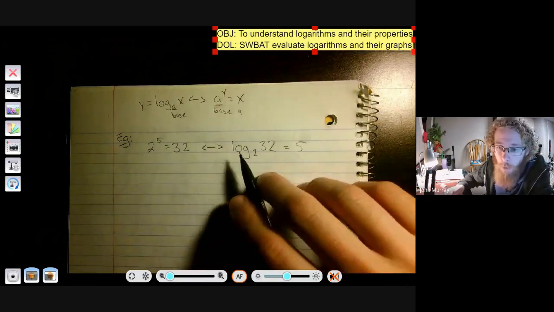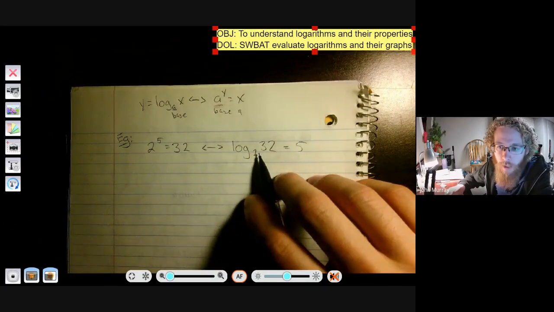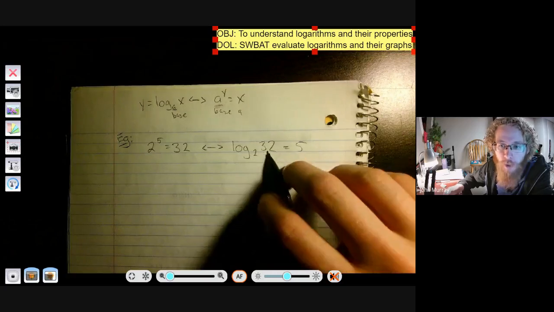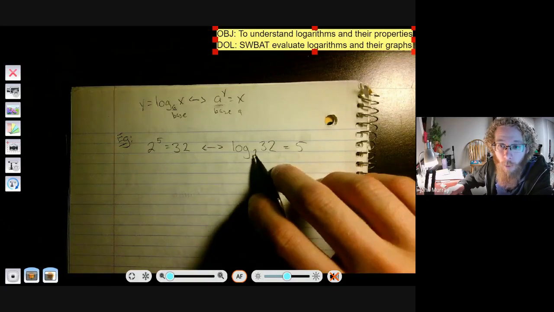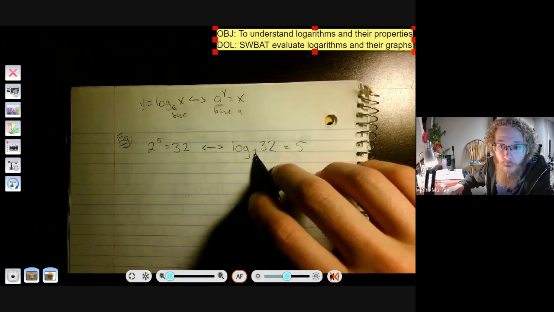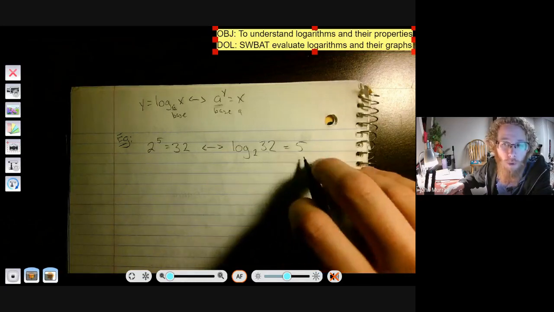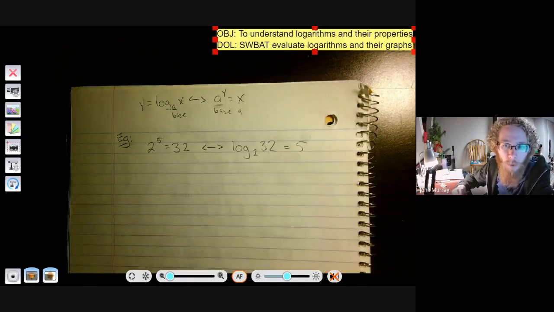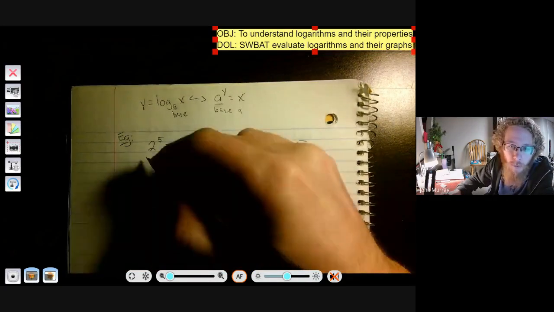Another way to think about the logarithm is saying, what power of 2 gets me 32? What do I have to raise 2 to, or 2 to what exponent gets me 32? Well, 2 to the 5th gets you 32. We use that method to help us evaluate logarithms.